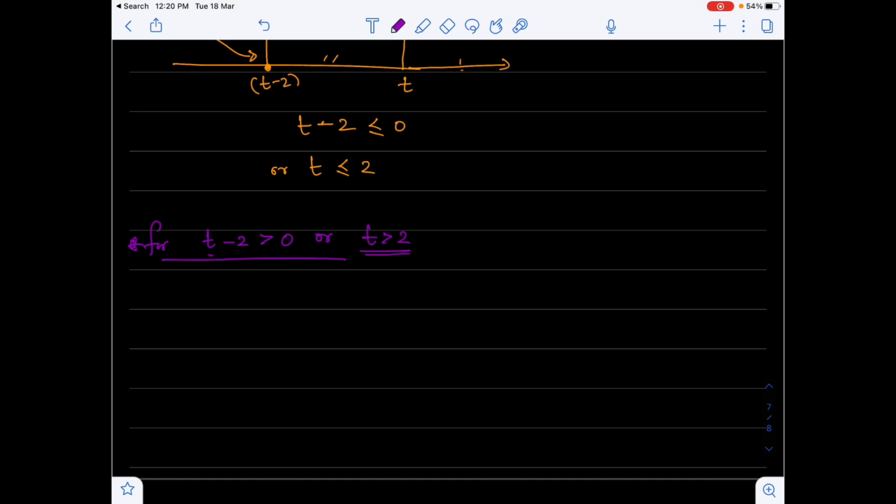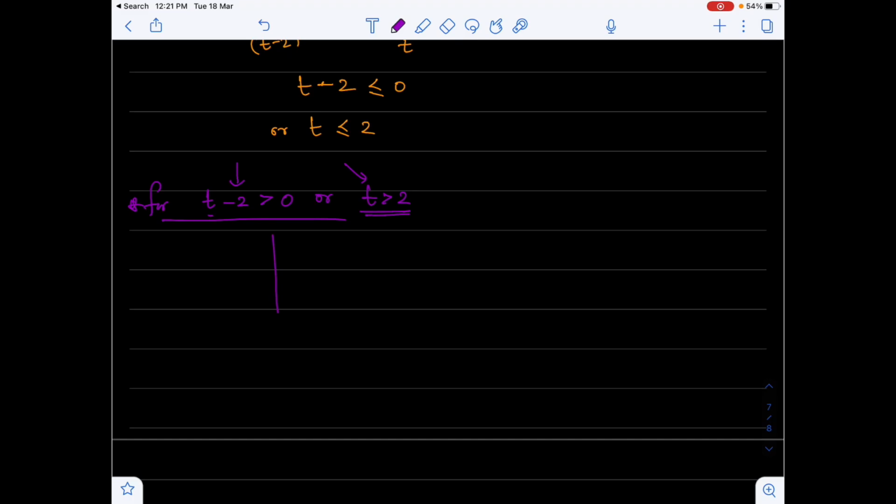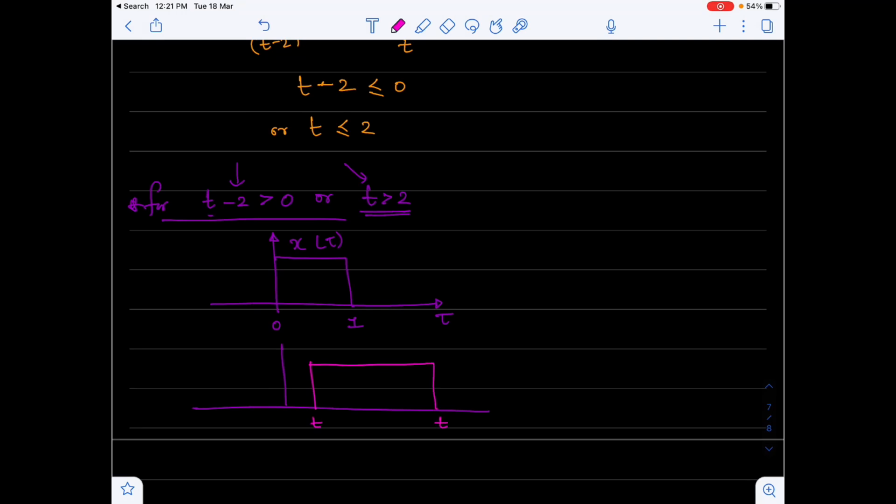Both are the same, right? So this is the situation when t is greater than 2, because from this equation you will get t is greater than 2. So what will happen here? I will draw first x of tau just for convenience, then this is tau, then I have my h of tau. Now you see our point has crossed here, so this is my t and t minus 2.